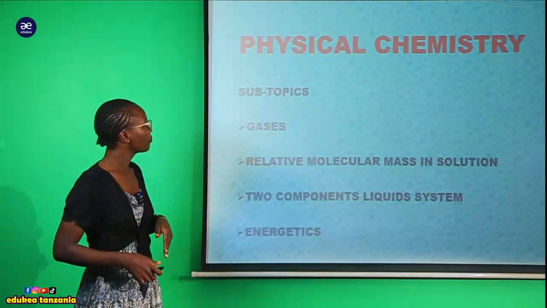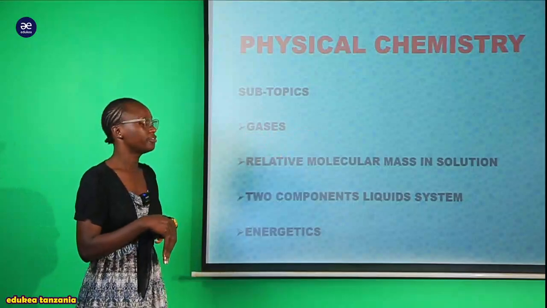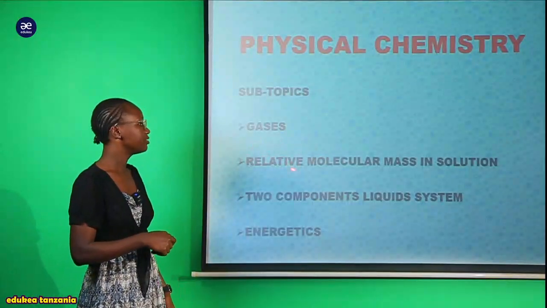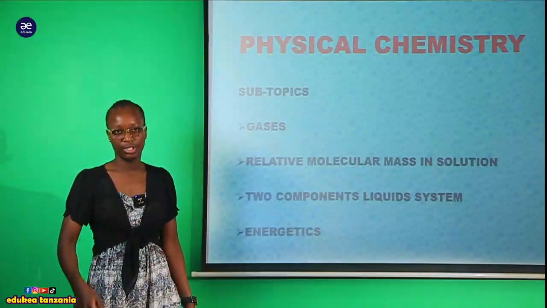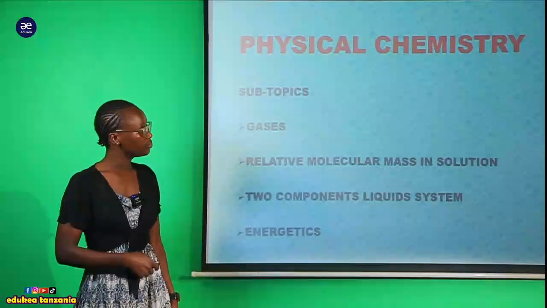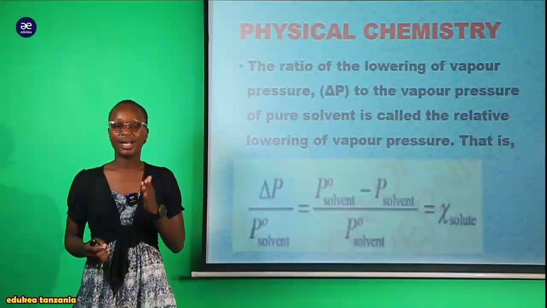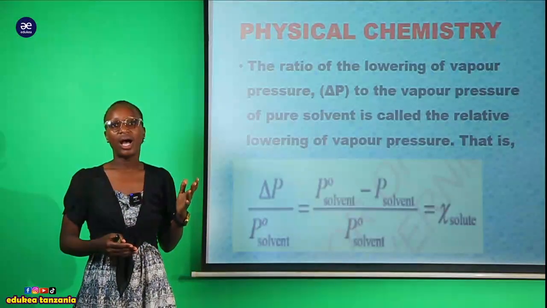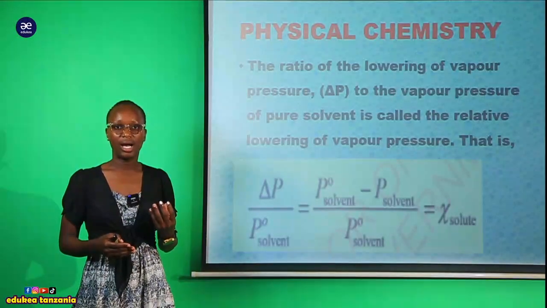Okay, we have already covered the concept of gases, but also we started the concept of relative molecular masses in solution. So my students, today we are proceeding with our discussion, and I will remind you a little bit of where we stopped in the previous session.